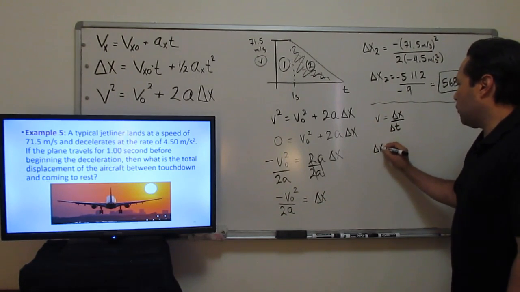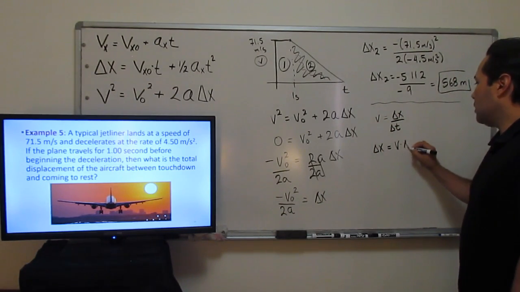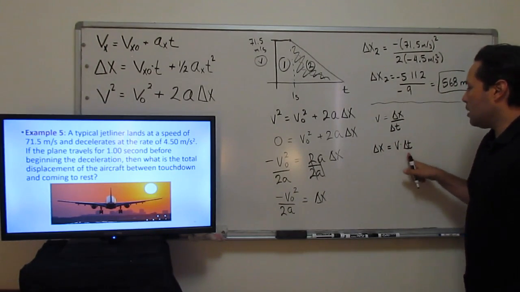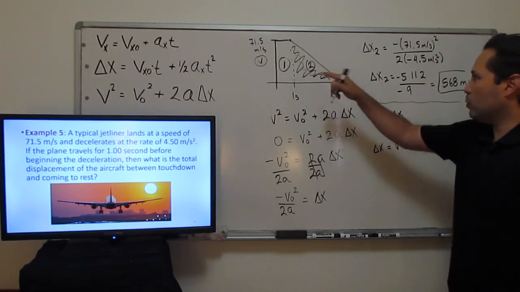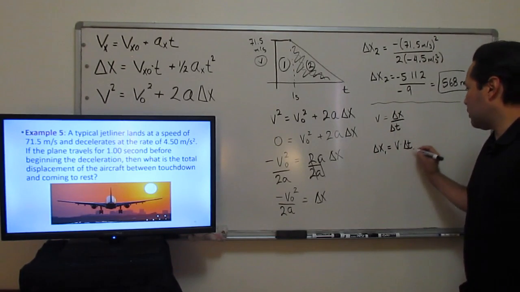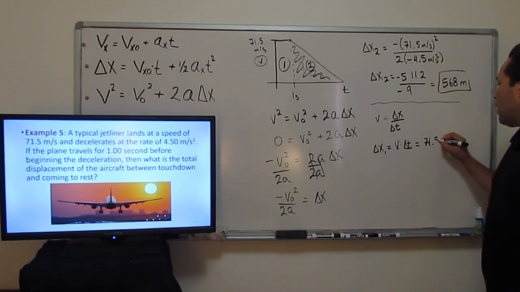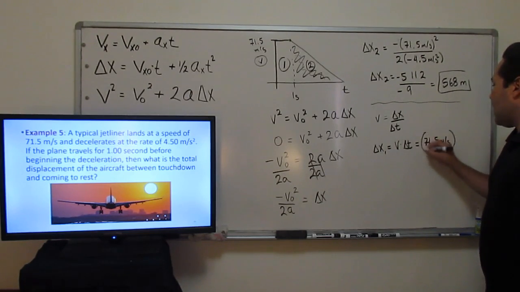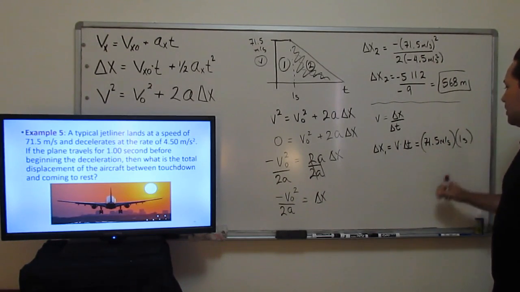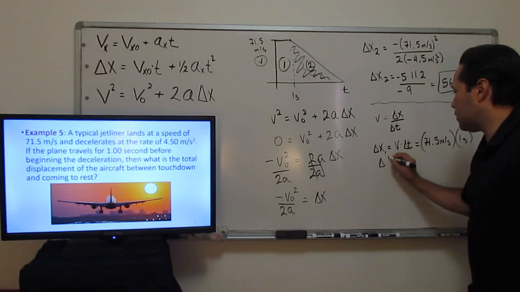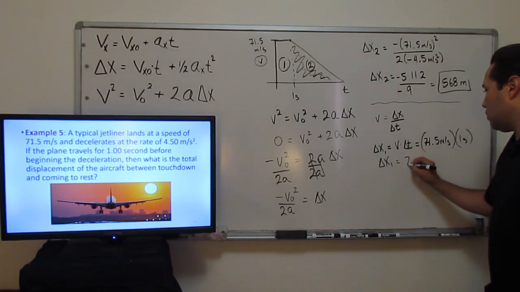So we end up with this formula: velocity times time. That will be for part 1, so I'm going to label it as such. Velocity was 71.5 meters per second, and it only lasted 1 second, so you multiply both of these to give us the first part of the journey.